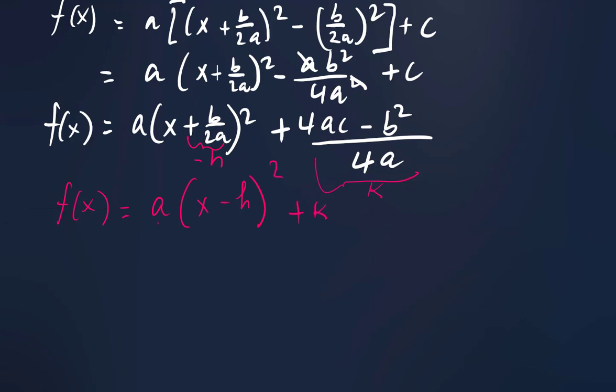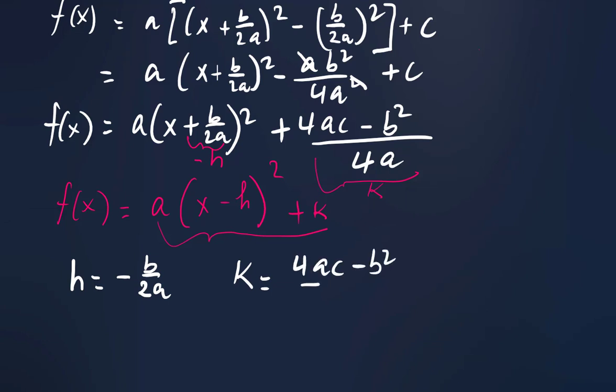This is what we are getting. And for our conclusion here, we can say that h is equal to negative b over 2a, and k is equal to (4ac minus b squared) over 4a.